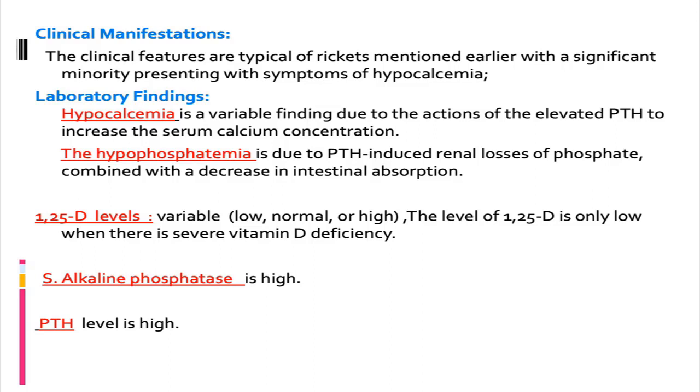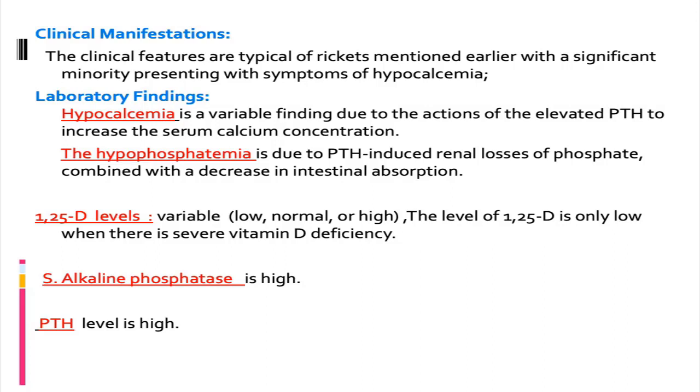It is a matter of equilibrium between the demand and what is really present. Because if we have a child who grows very rapidly, even a normal level of vitamin D will not be sufficient for his growth. And sometimes we have a low vitamin D, but still we don't have signs of rickets.